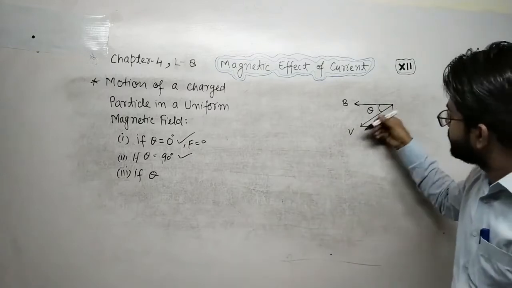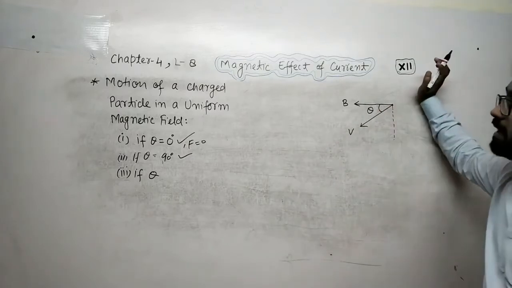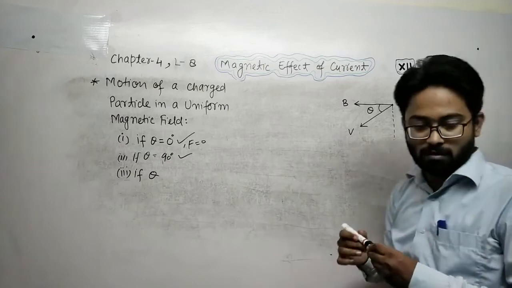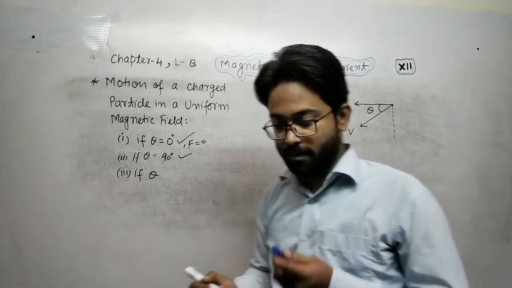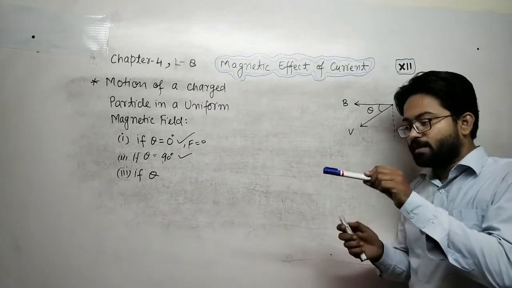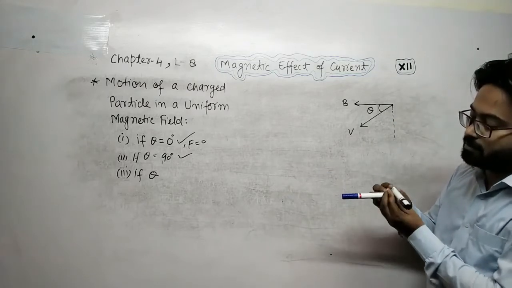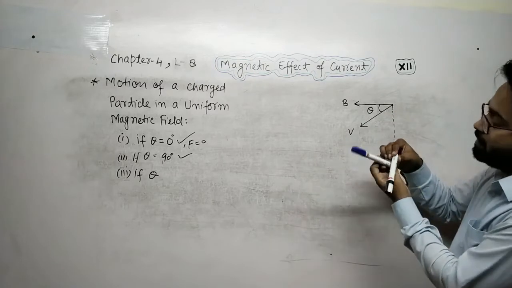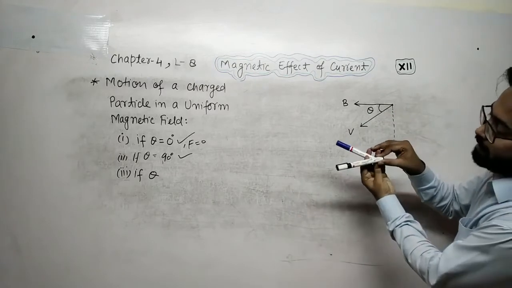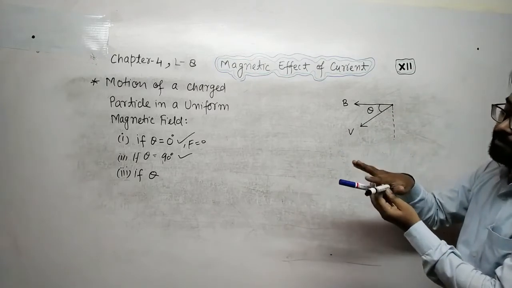Means the velocity is making angle theta with the magnetic field. The charged particle is not entering perpendicular. Let us suppose this is the magnetic field and this is the velocity. This is the perpendicular direction, but this velocity is making an angle theta.